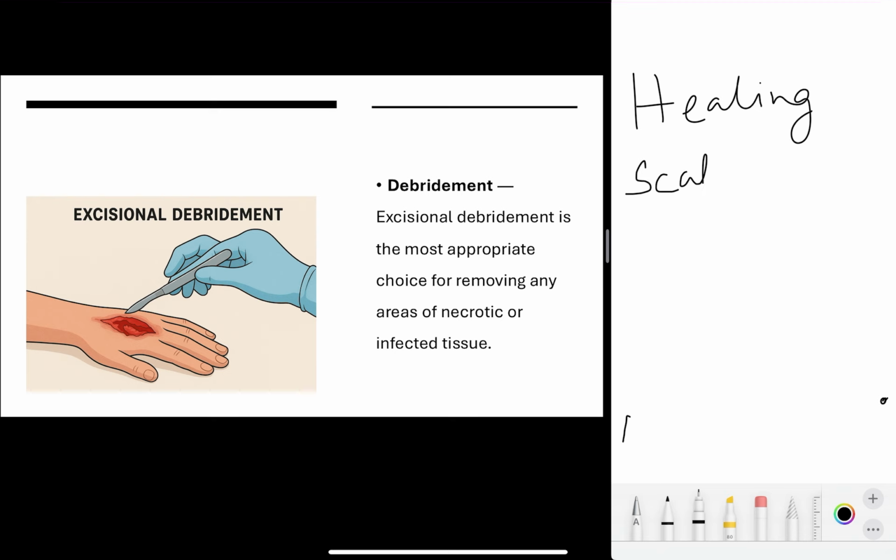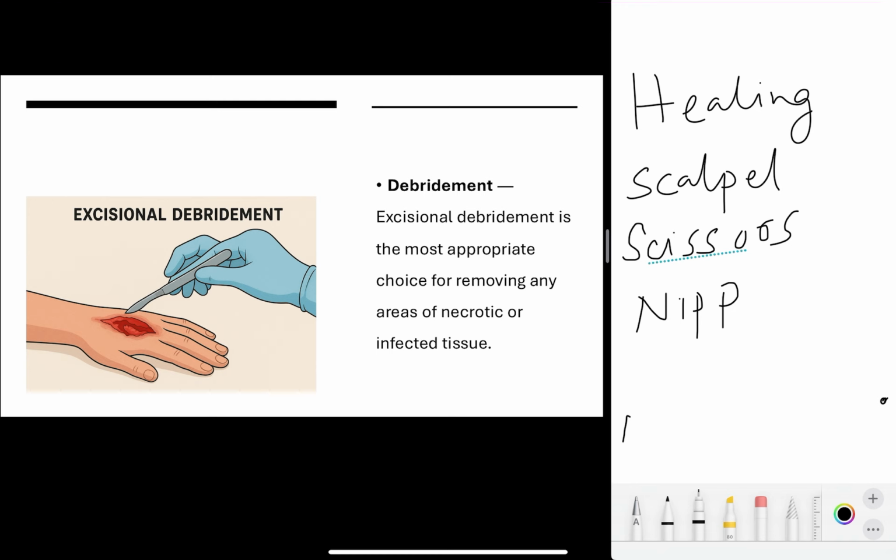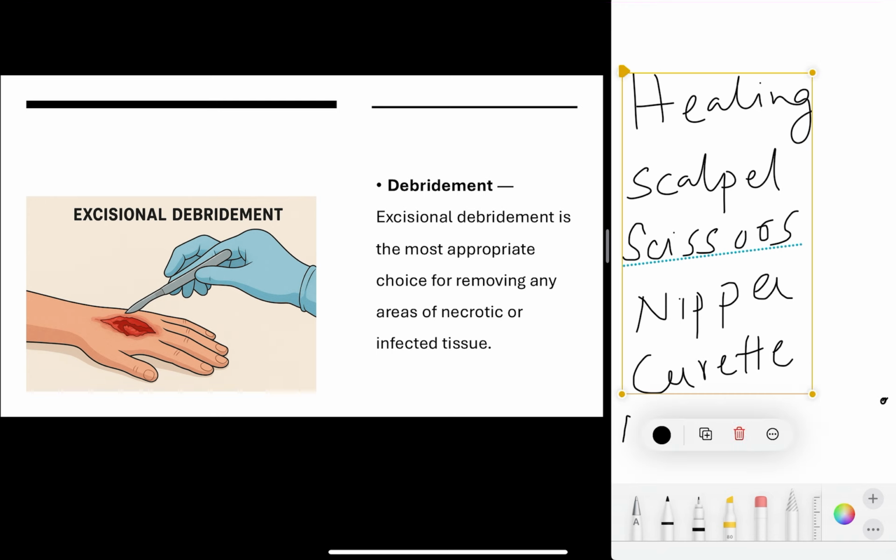We can use a scalpel, scissors, tissue nipper, or curette to remove the devitalized tissue and accumulated debris or any biofilm that has formed over the wound.